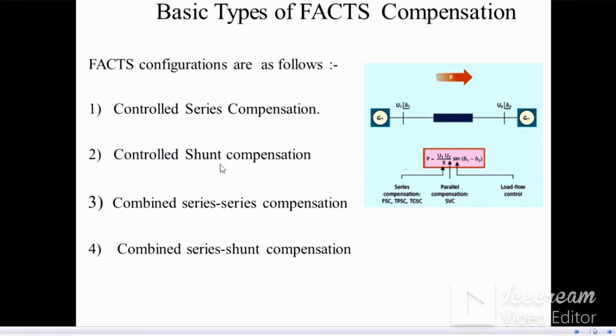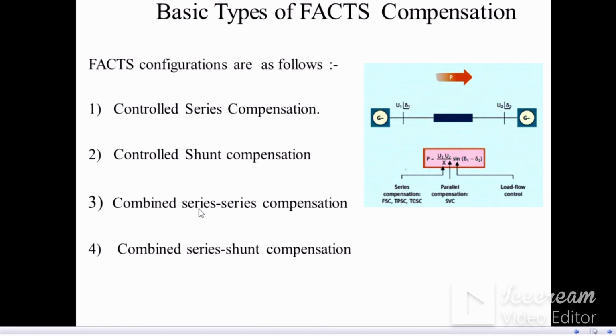As the name indicates, it is a shunt, meaning that the thyristor along with the capacitor or inductor is connected in parallel with the line or a network where the reactive power or voltage has to be compensated.